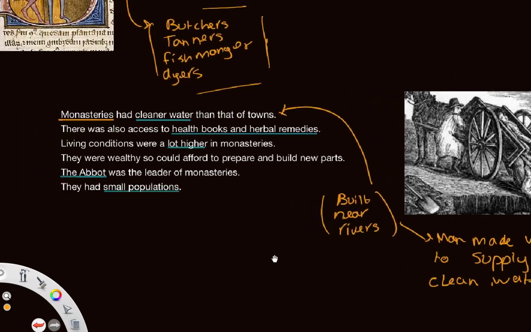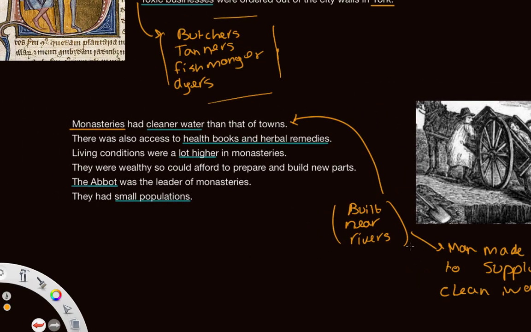Now this was a huge deal, because it meant that there was an endless supply of clean water going into these monasteries. And this really comes into play when we look at the bottom point here, that they had small populations, so there was no problem of overcrowding, and therefore diseases couldn't spread among so many people.